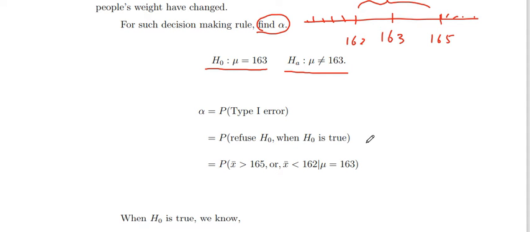In this case we refuse H0, we believe there is some difference, when H0 is true, so when mu equals 163.